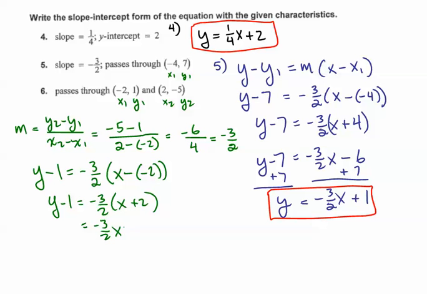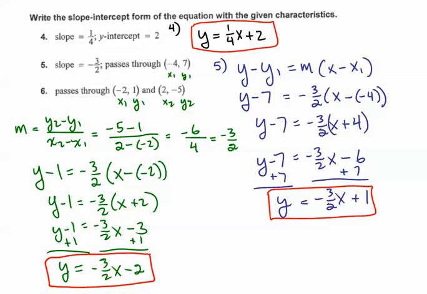Negative 3/2 times positive 2 is negative 3. We'll add 1 to both sides, and we end up with y is equal to negative 3/2 x minus 2. And that does it for the third exercise here. All right, we'll go on to the last set of problems.